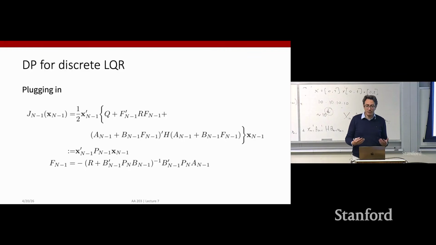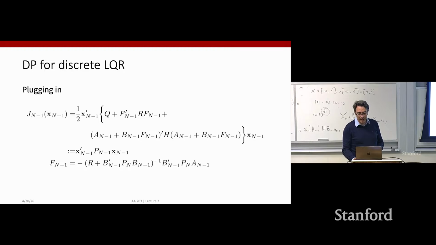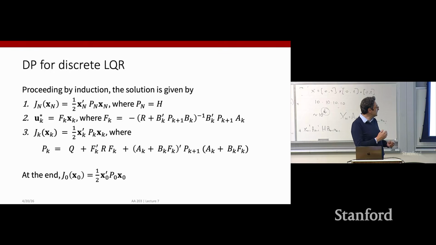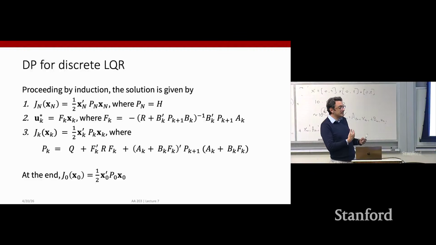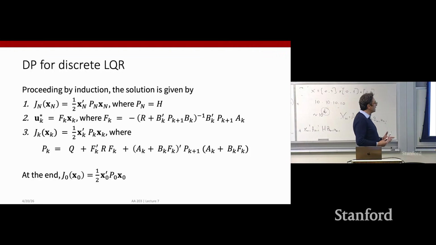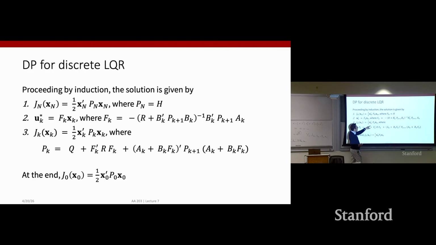Which essentially means we found a very nice pattern where we can solve this problem by recursion, but instead of solving an optimization problem at each step, you just solve a recursive equation on the matrices F_k and P_k. So you start from a boundary condition setting P_n equal to H. Then you set the gain for the optimal control F_k equal to all this stuff.